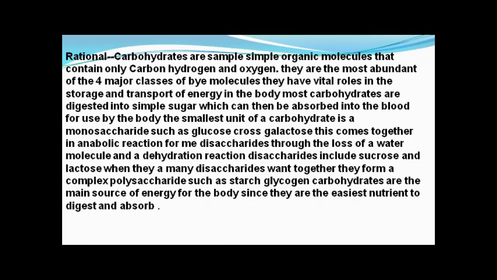Disaccharides include sucrose and lactose. When many disaccharides are bound together, they form a complex polysaccharide such as starch or glycogen. Carbohydrates are the main source of energy for the body since they are the easiest nutrients to digest and absorb.